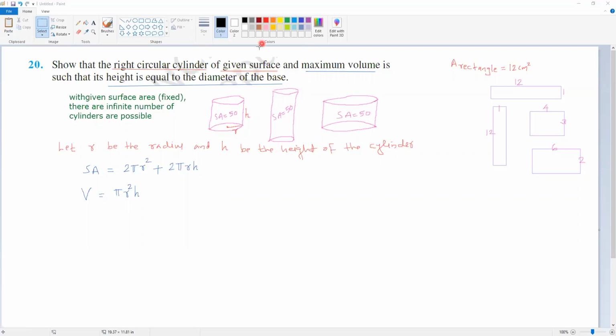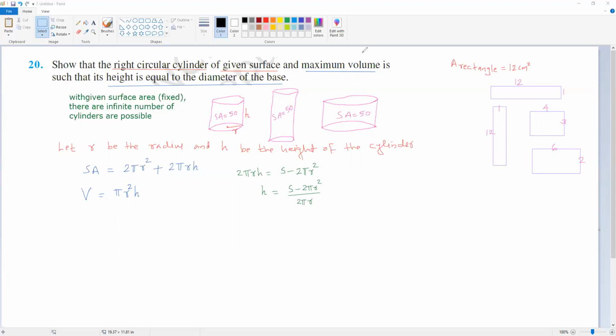From that you will get the idea that 2 pi r h is equal to s minus 2 pi r square, where I denoted surface area as s. So from that you will get the value of h as s minus 2 pi r square divided by 2 pi r.